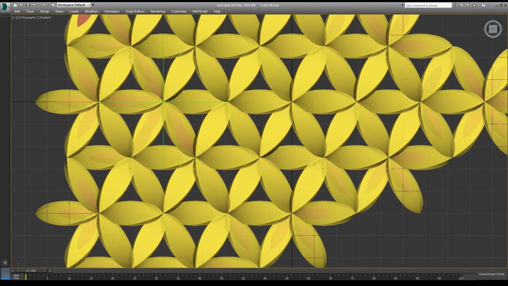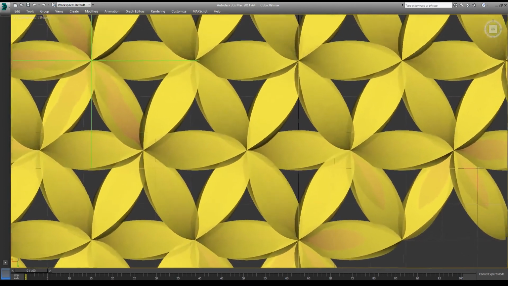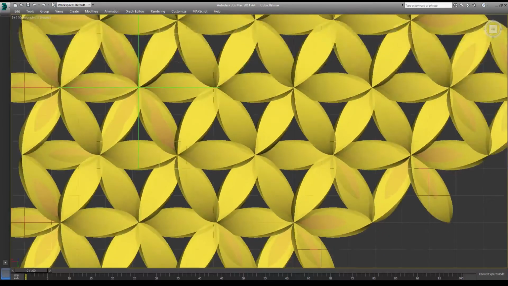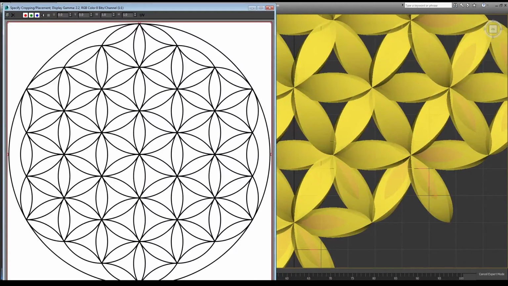Because of the nature of the flower of life in 3D, we don't get this very precise way that it appears in 2D with our central point being an exact intersection.